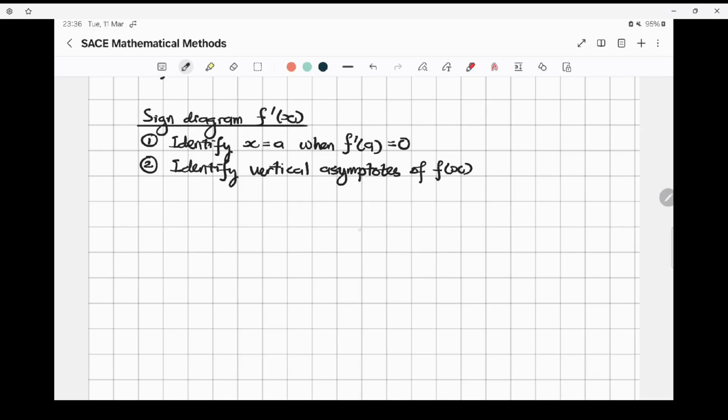So when you draw your number line, make sure you label what kind of sign diagram this is. And then for instance, if you have zeros over here, let's say this is a, this is b.